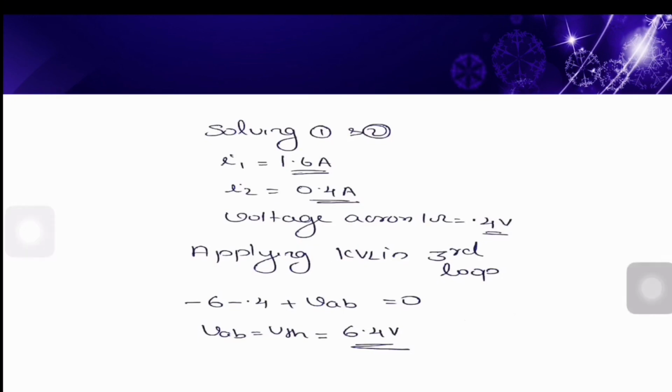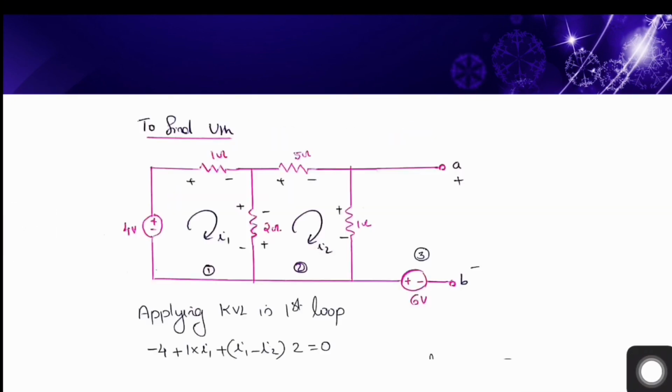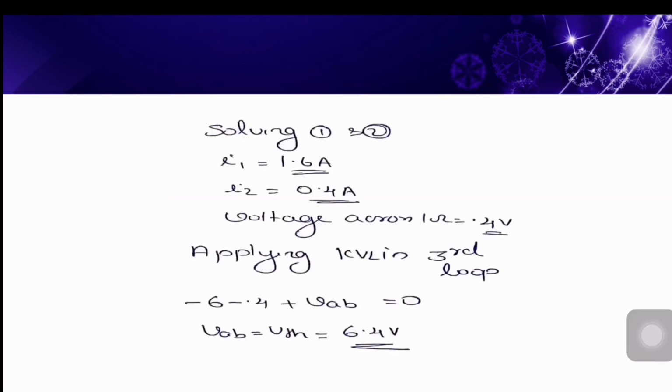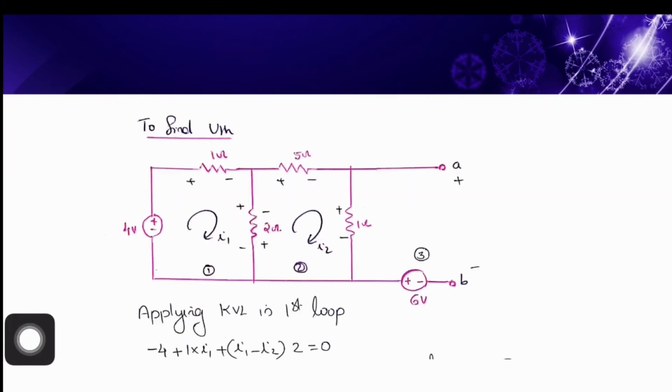Let us now write KVL in the third loop. Starting at this point, first we observe this 6 volt voltage source with the polarity mark in the order minus plus. So we start our KVL equation with minus 6. Then the voltage drop across this 1 ohm, which is 1 into I2, with the polarity mark minus plus.